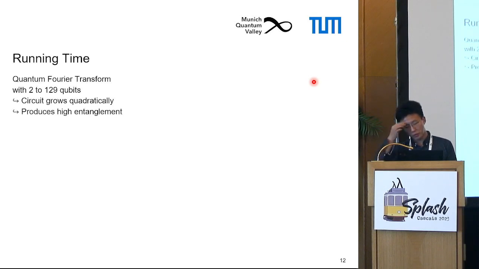It also produces very complex entanglement amongst qubits. So in this sense, if you try to simulate the circuit naively, this set of circuits is guaranteed to reach a very complex and challenging case very soon.